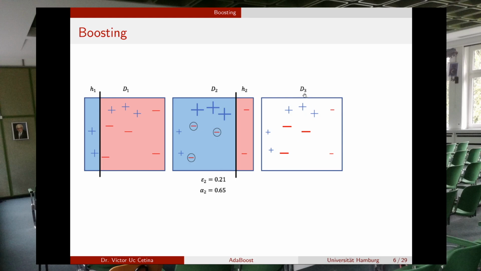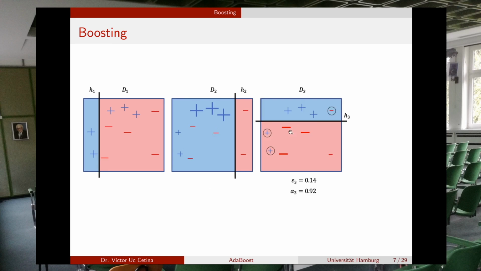For the third iteration, since these were misclassified, we will increase the importance of them, and suppose that our third weak classifier is a horizontal line like this, saying everything above this line is positive, everything below is negative. We have some mistakes, we compute the epsilon, the alpha, and so on.